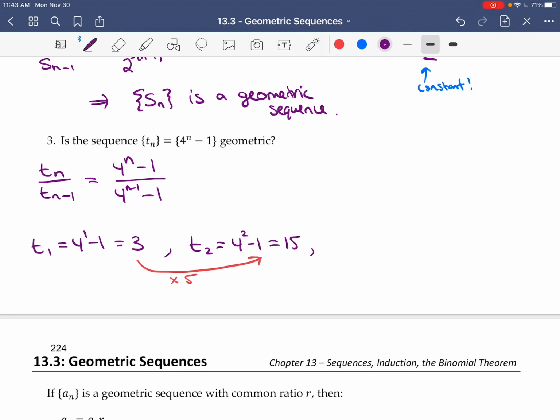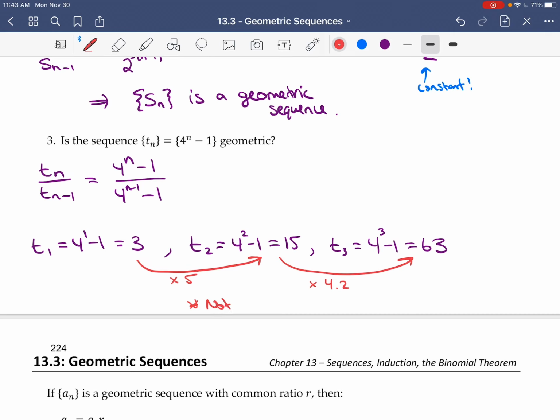Then T3 is going to be 4 cubed minus 1. So that's 64 minus 1, so that's 63. And 63 divided by 15 is 4.2. So to get from here to here, I need to times by 4.2.